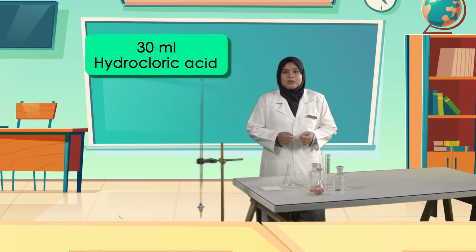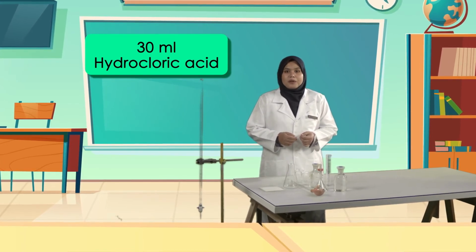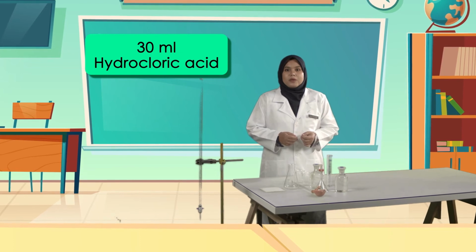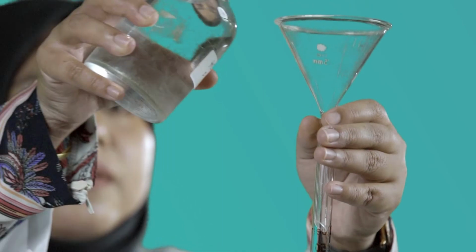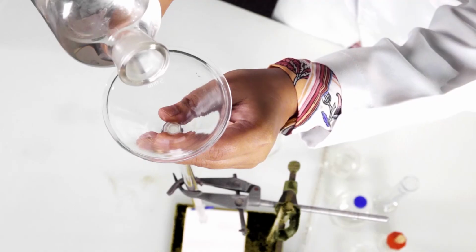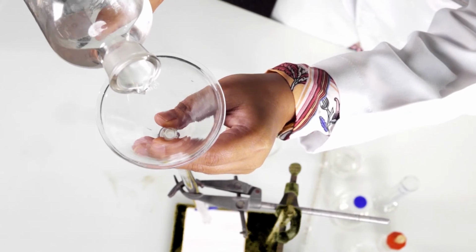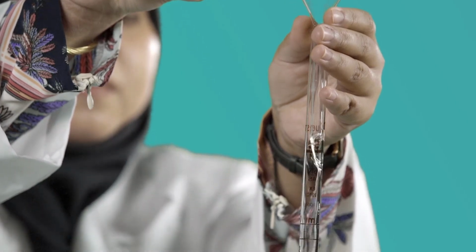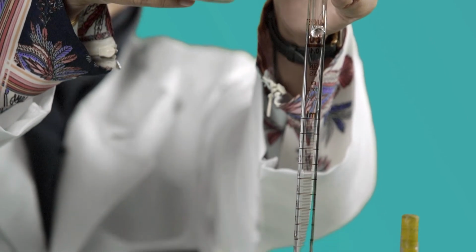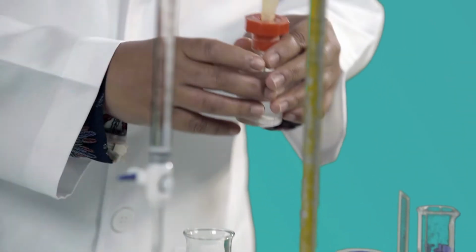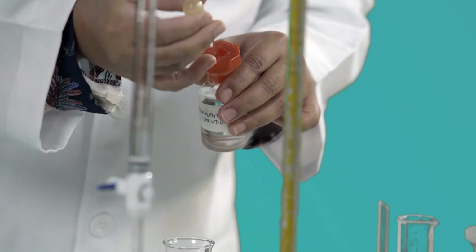Firstly, fill 30 ml of hydrochloric acid in a burette using a filter funnel. Thirdly, add 3 drops of phenolphthalein into the conical flask.